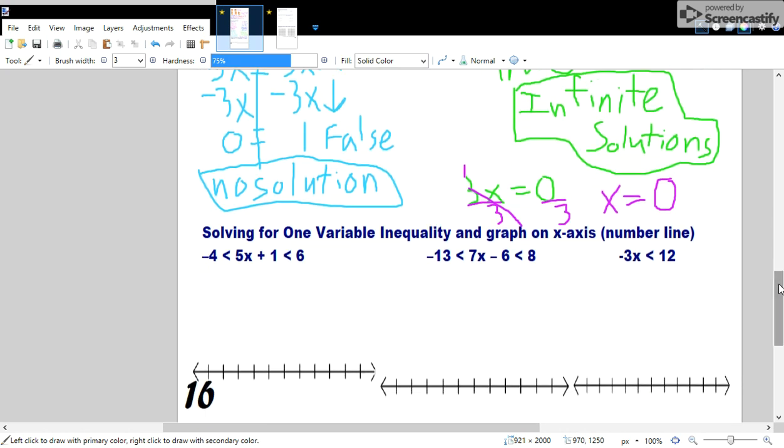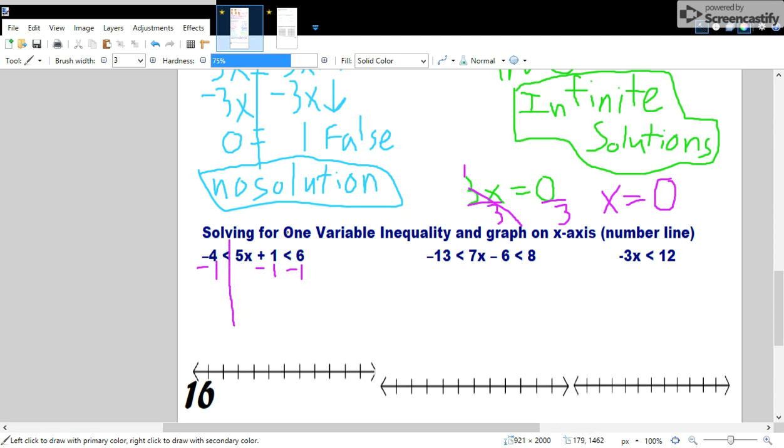Okay, let's look at the last few examples. Solving a one-variable inequality and graphing on the x-axis. That's the number line. We have negative 4 is less than 5x plus 1 is less than 6. To do this, we're going to take away 1 from each side of the inequality symbols.